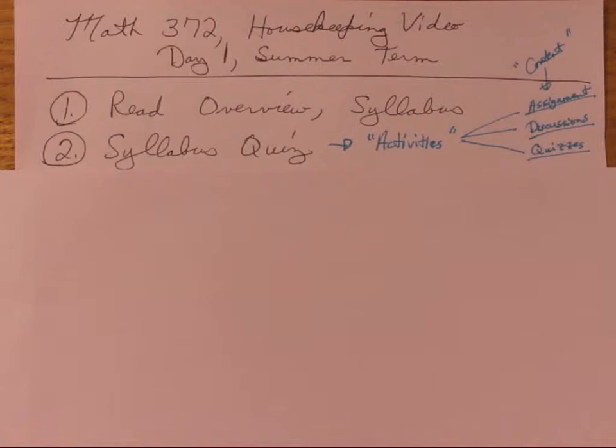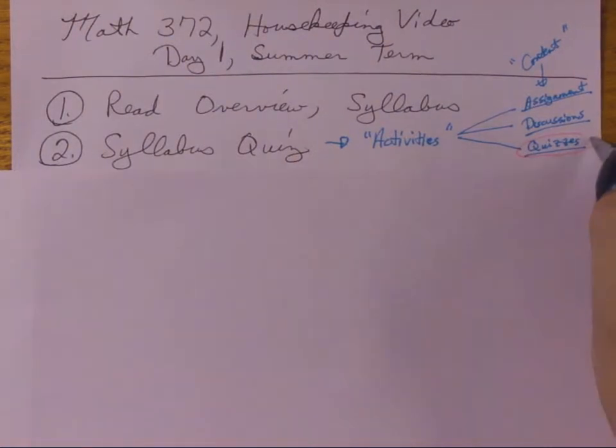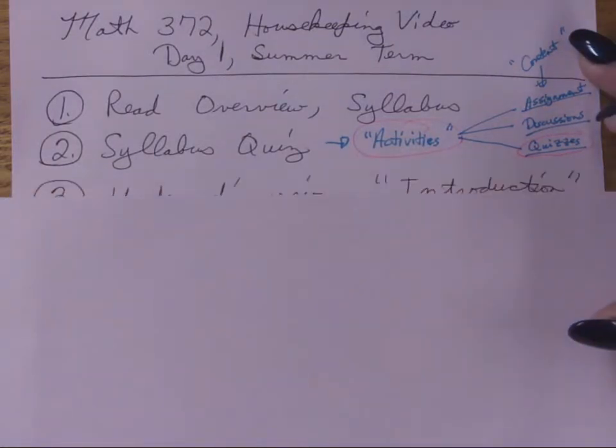So you will just go into activities, and then quizzes. And once you're in there, there should be one that says syllabus quiz. It's open today. I opened it on Monday, and it will be open until Thursday of this week. So get that one done.